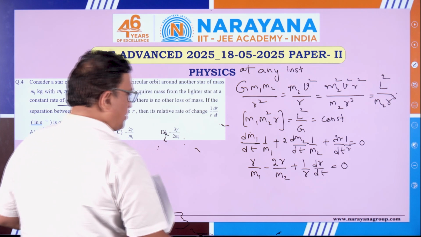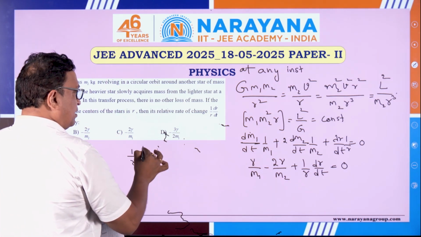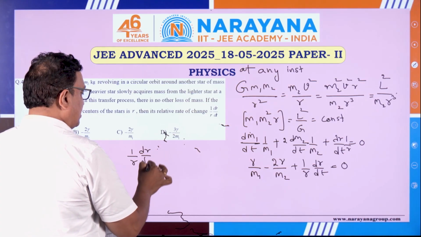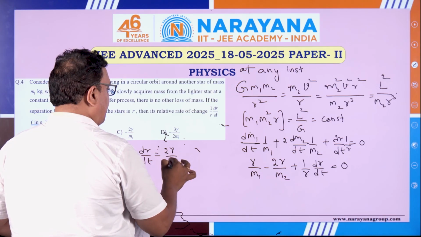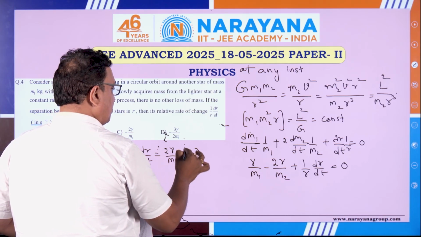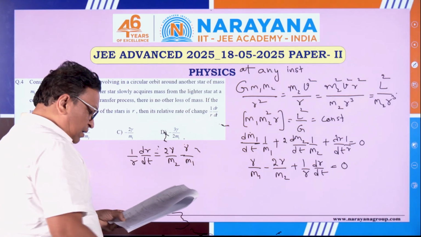Restructuring this properly, I'm just writing over here 1 by r dr by dt is 2 gamma by m2 minus gamma by m1.